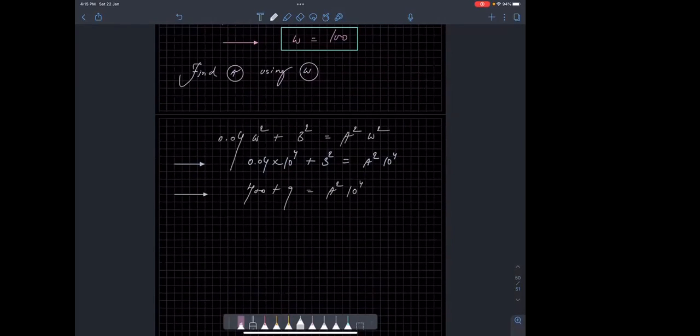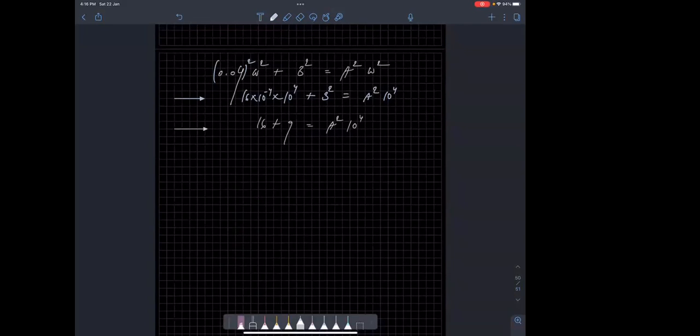I should write square here. Now tell me. So it will be 10 power 4 and that will cancel. I think it will be 16, right? So this will be 16 into 10 power minus 4. So I'll get 25. So 25 by 10 power 4 equals a square.